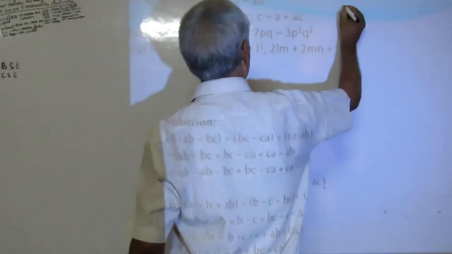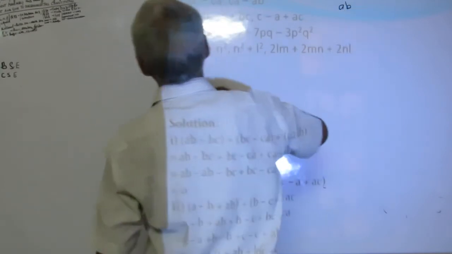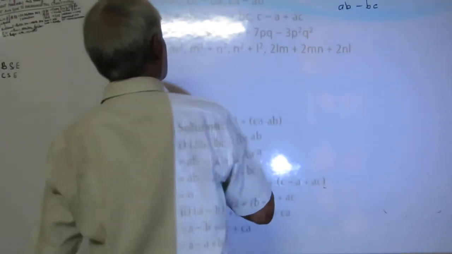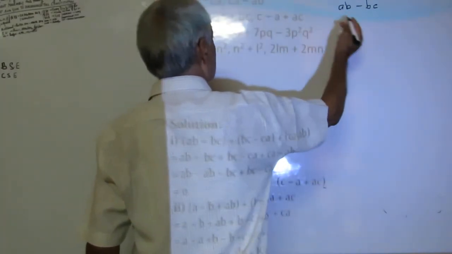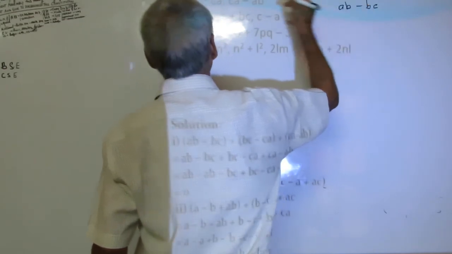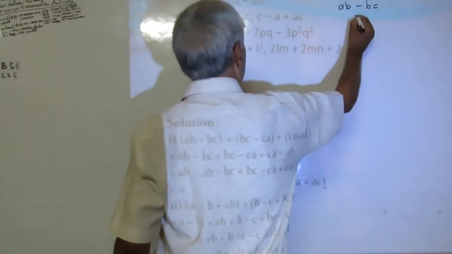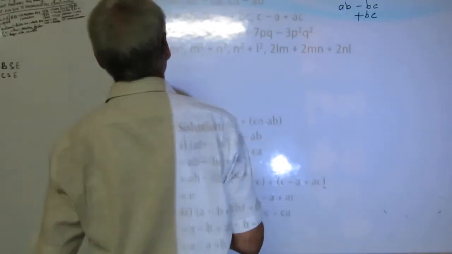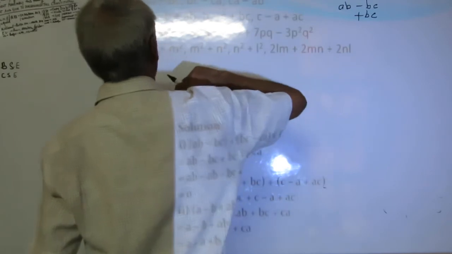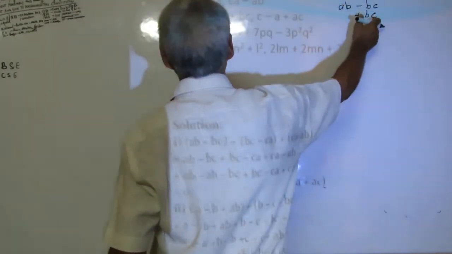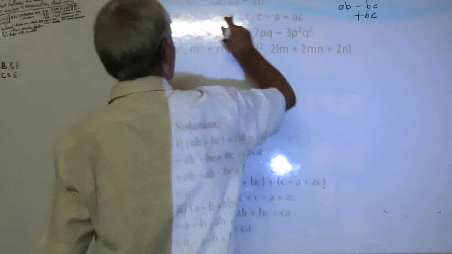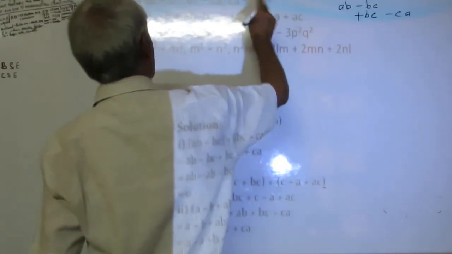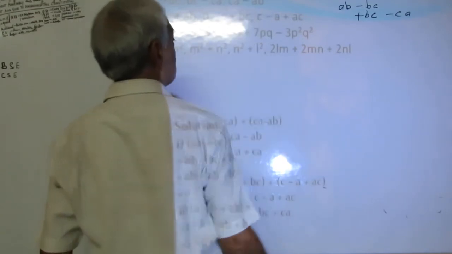We have three expressions. AB minus BC, and the second expression is BC minus CA. So BC will be written below the BC. So it is plus BC because BC is like BC. So it is minus BC plus BC, plus BC minus CA, and the third expression is CA minus AB.